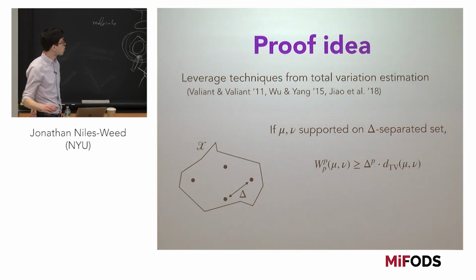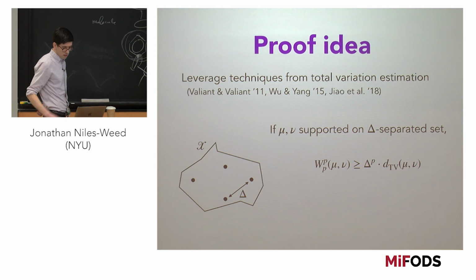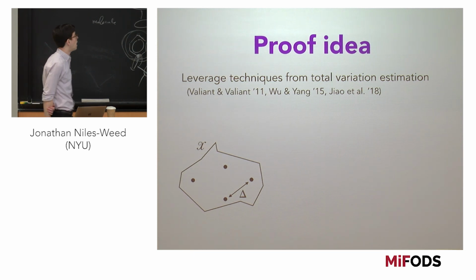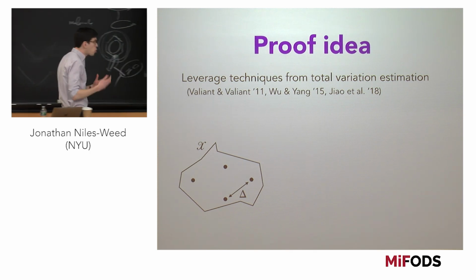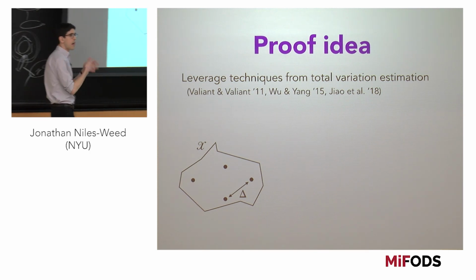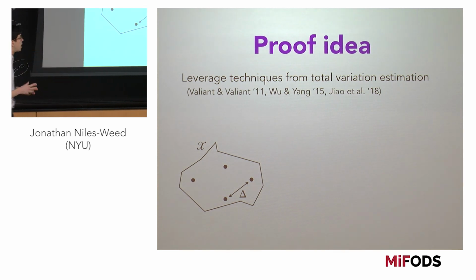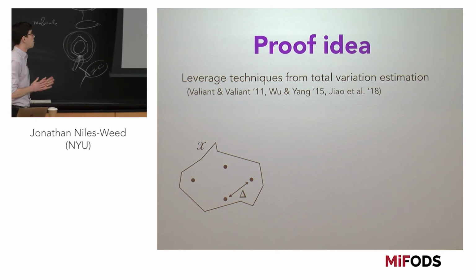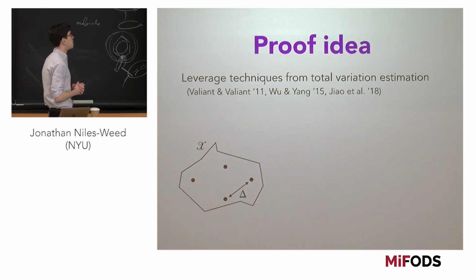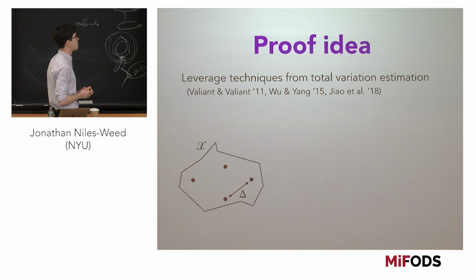So as Kostas correctly intuited, oh, these slides are backwards, doesn't matter. As Kostas correctly intuited, the first question to ask is, can I leverage anything I know about total variation distance estimation, L1 norm in other words? There's been a wonderful series of works inaugurated, I guess, by Greg and Paul Valiant. Yihong Wu and his student Pengkun Yang have good work about this.